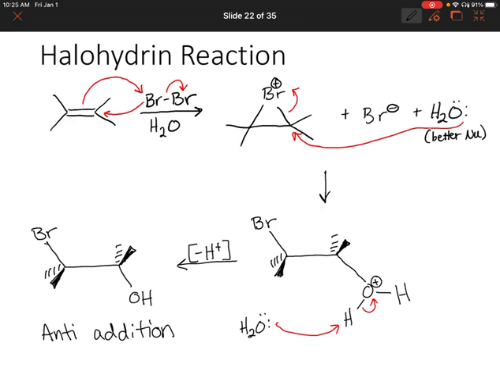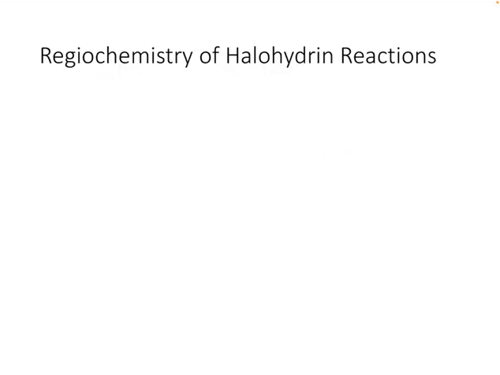Okay, so what if our alkene is not symmetrical? Then which side would the water molecule attack? So let's look at an example where we start with an asymmetrical alkene. So let's just use this alkene where we have two methyl groups on one side and then two hydrogens on the other side, which we're not showing since this is a bond line structure.